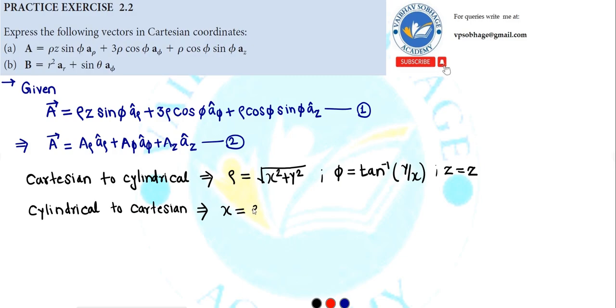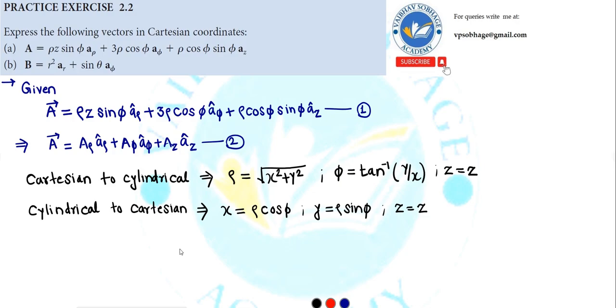So x is rho cos phi, then y is rho sin phi, and z is as it is. Now looking at the second expression, the conversion of cylindrical to Cartesian, what value do we have for x? x is equal to rho cos phi.